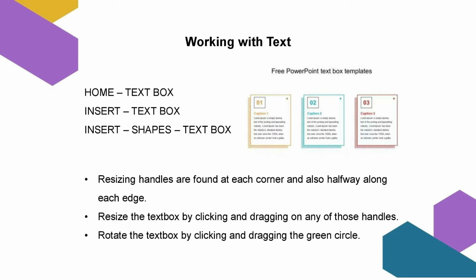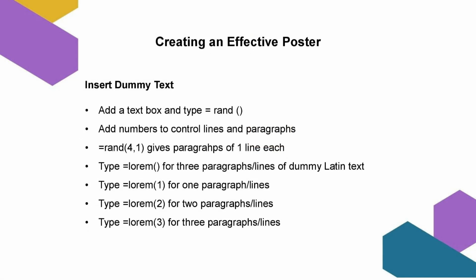Since Office 2007, 2008 on a Mac, you've actually been able to insert dummy text into text boxes in PowerPoint. If you type equals rand and then the two brackets, that'll enter the phrase, the quick brown fox jumps over the lazy dog.